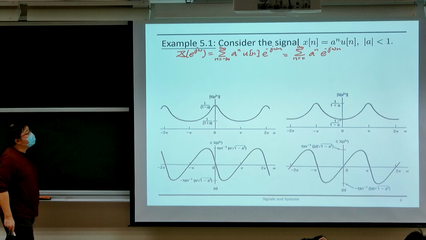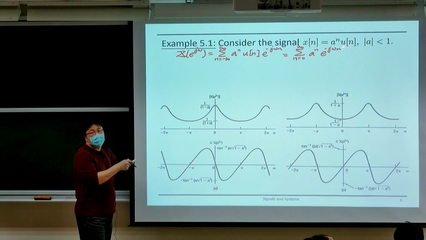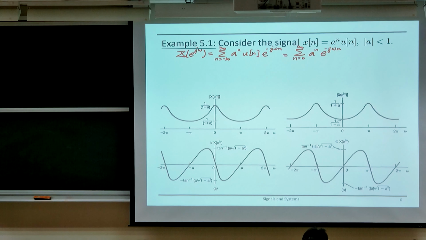So this is the sum of a geometric series, right? So we can use the formula for the sum of a geometric series to get 1 over 1 minus a times e to the minus j omega.